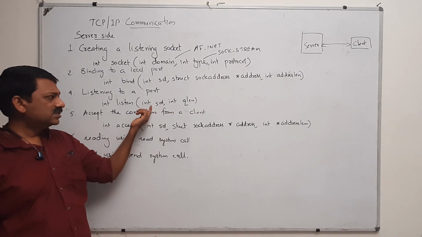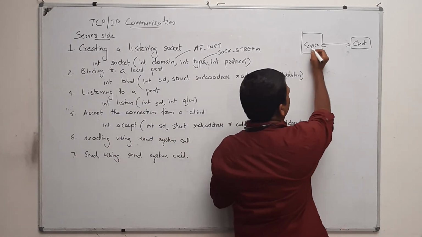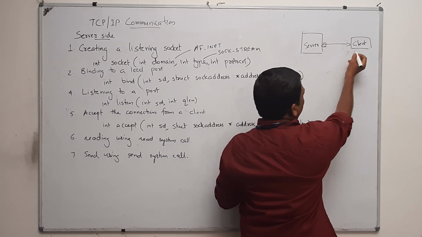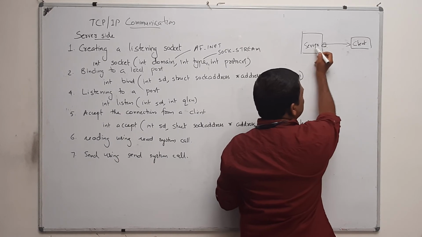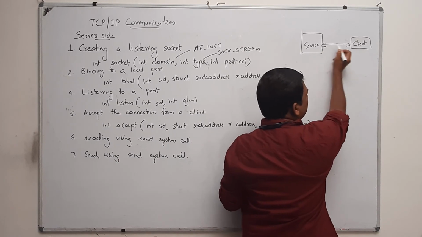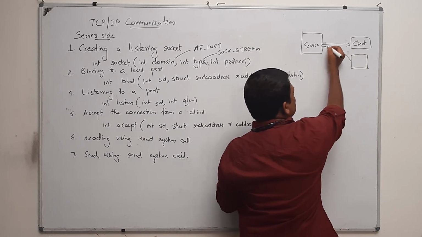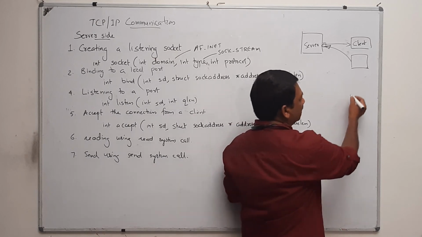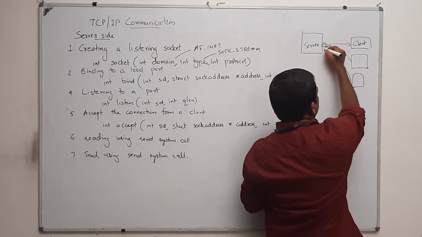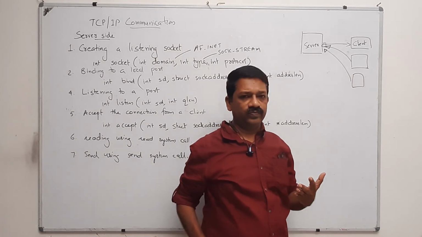Suppose this client is connected to the server and the server is servicing this client, so communication is happening. At the same time, some other client also wants to connect to the server, and these requests wait in the queue.